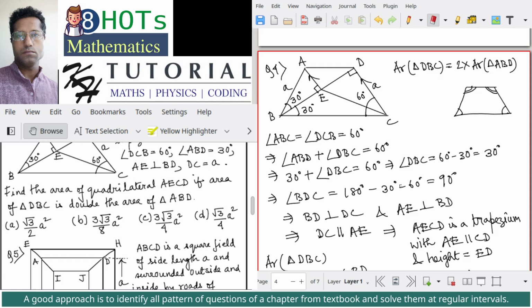We know AE, and even though AED is a right angle triangle, we don't know AD.